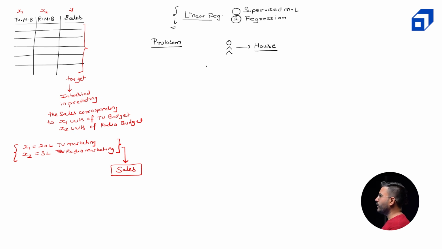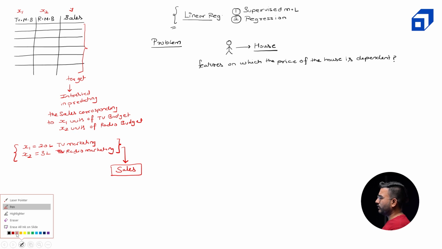Can you tell me what are the various features on which the price of the house is dependent? Let's try to understand this.